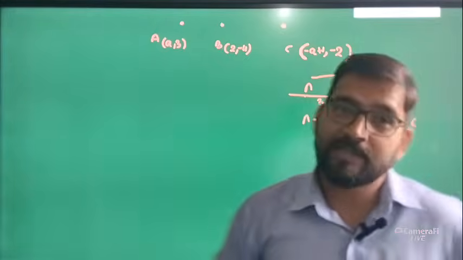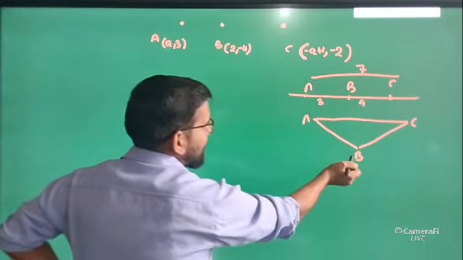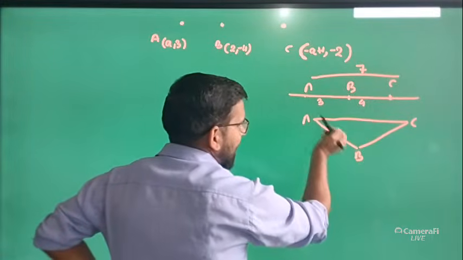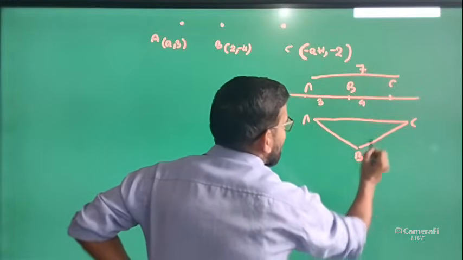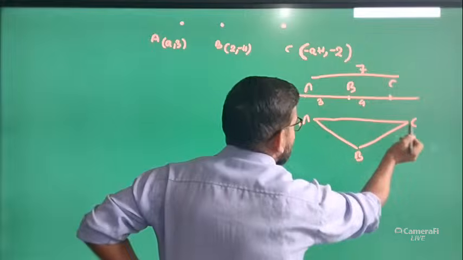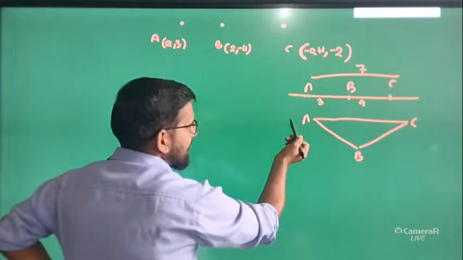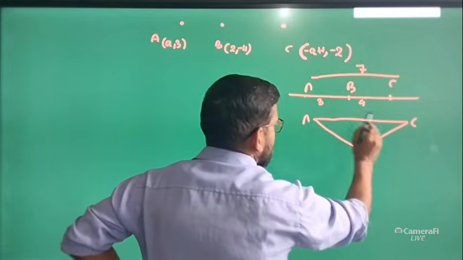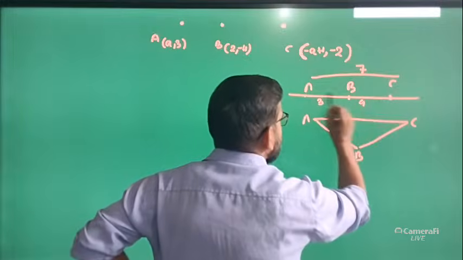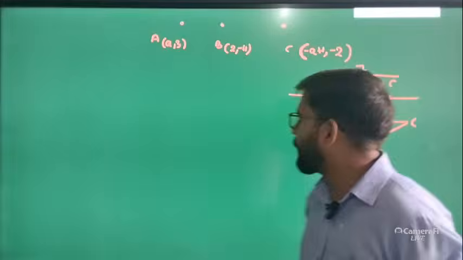Now क्यों कह रहा हूं मैं ऐसा? Because if B is not lying on this line, that means this will become a triangle, and in a triangle we know that sum of any two sides, AB plus BC, is greater than the third side. AB plus BC will be greater than the AC. That means it will be a triangle, not a straight line. So if AB plus BC is equal to AC, then only we can say that these are collinear points.